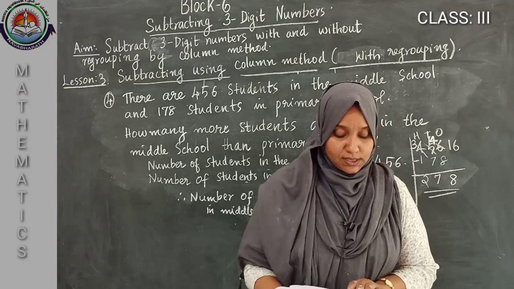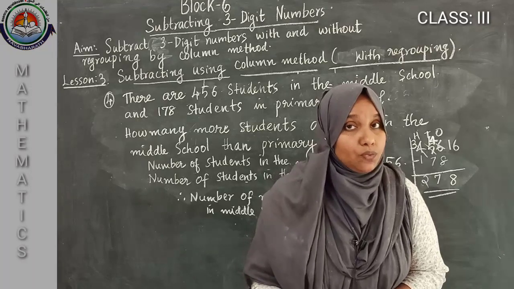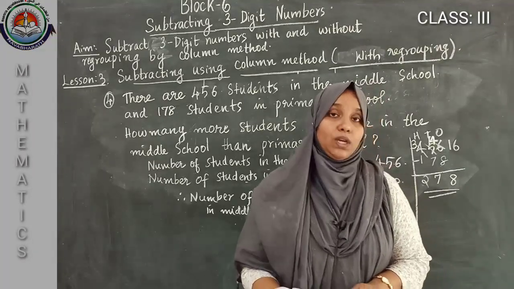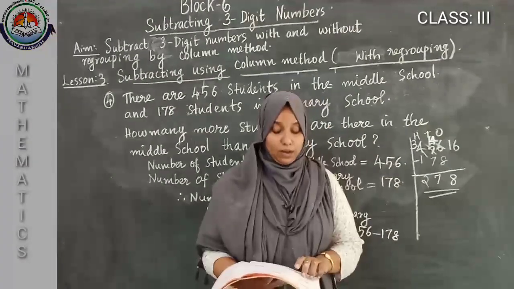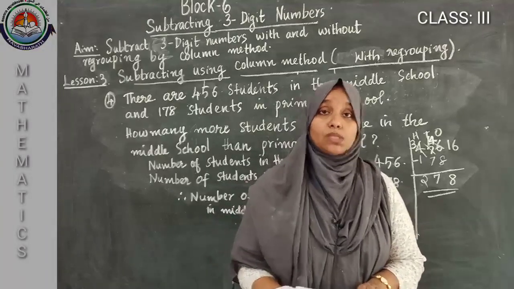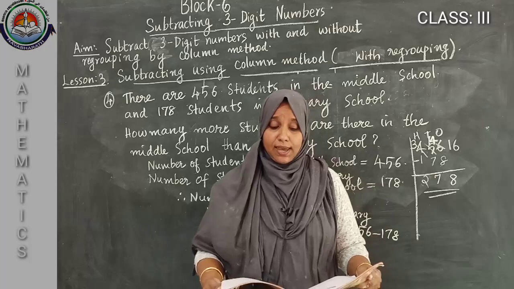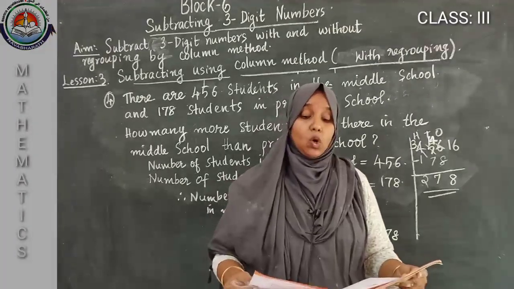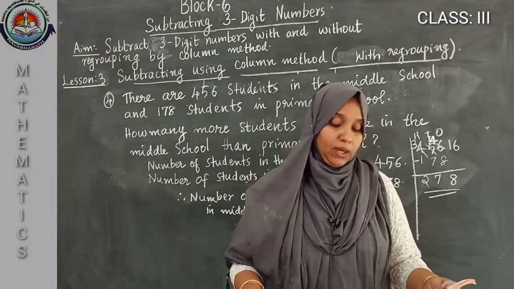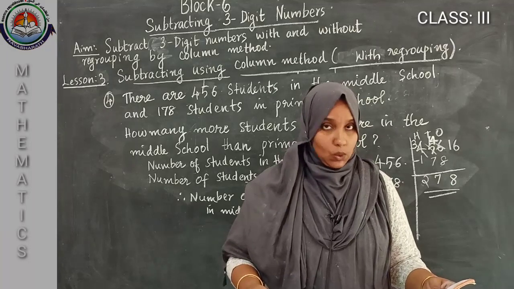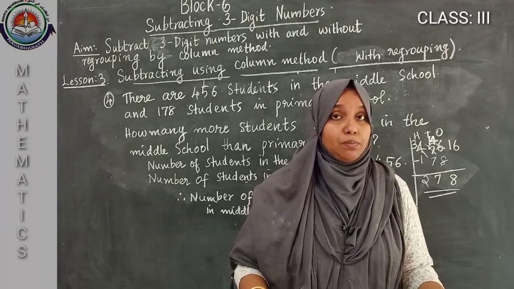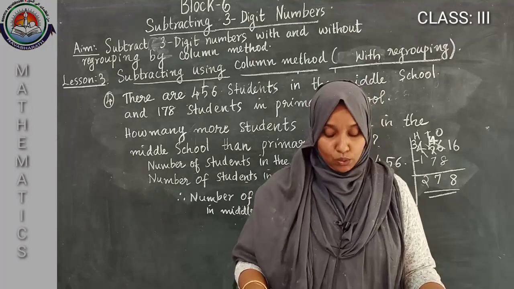So 547 minus 235. You do that, then you will get the number in the box. The next, S3, subtracting by column method with regrouping. With regrouping means borrowing comes, then you can do it.